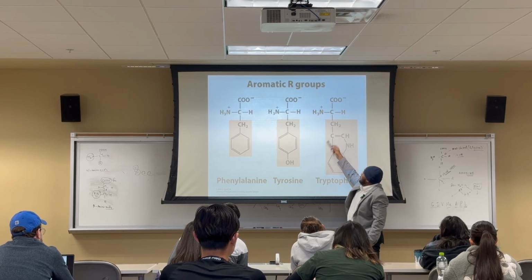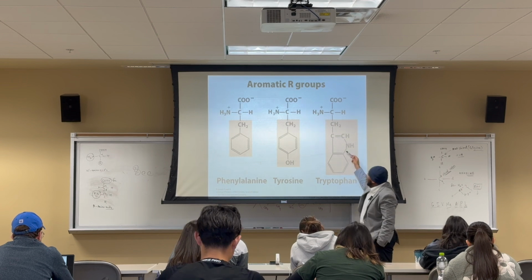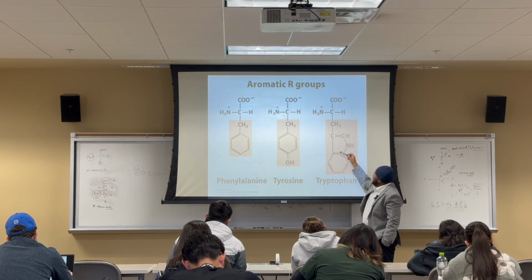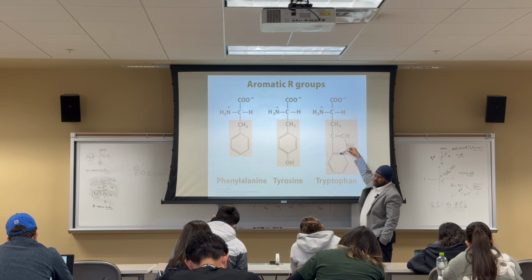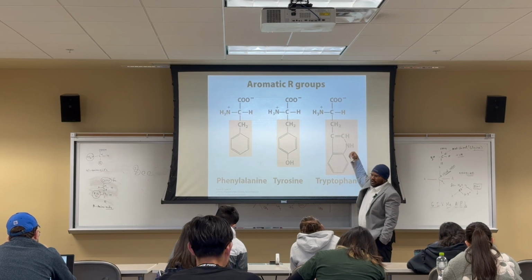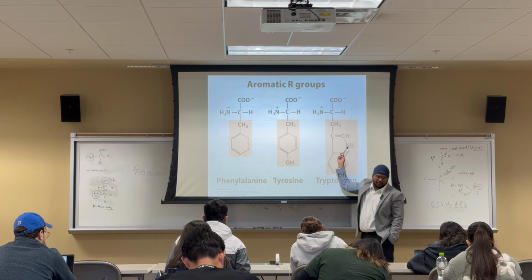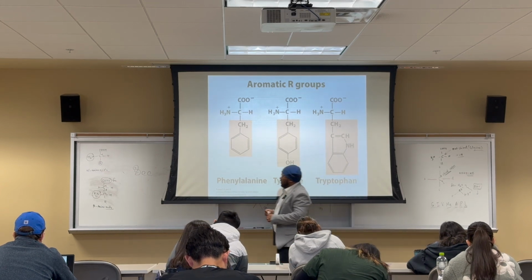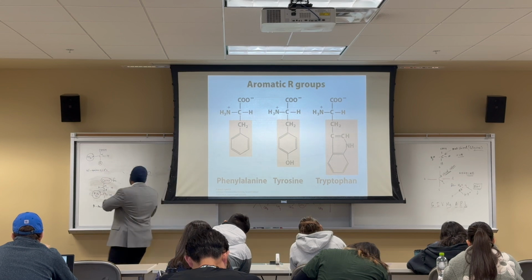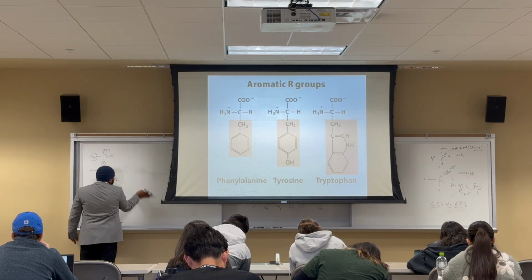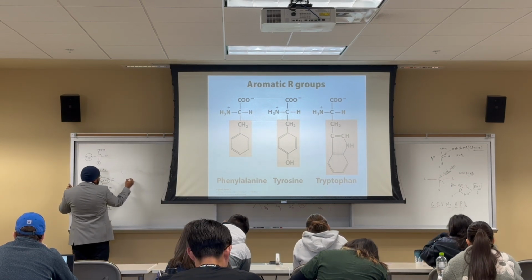The additional double bond will be opposite to this double bond. Okay? You have to draw maybe a couple of times to remember the structure of amino acid, but it's very simple, right?